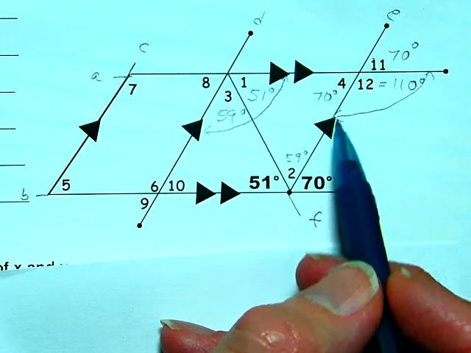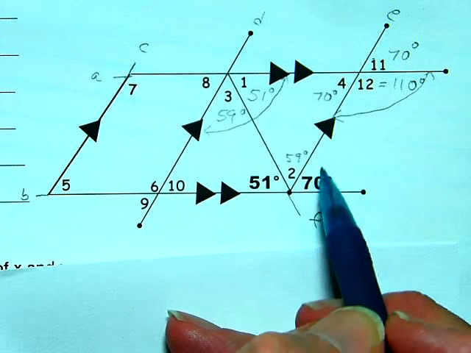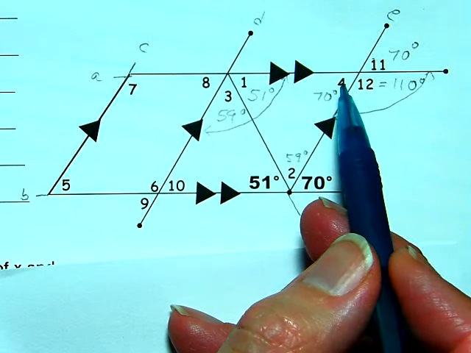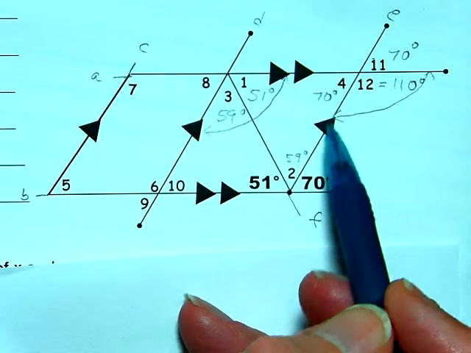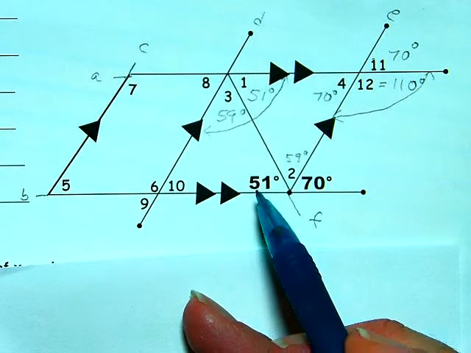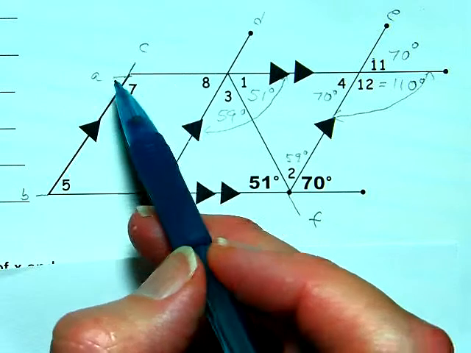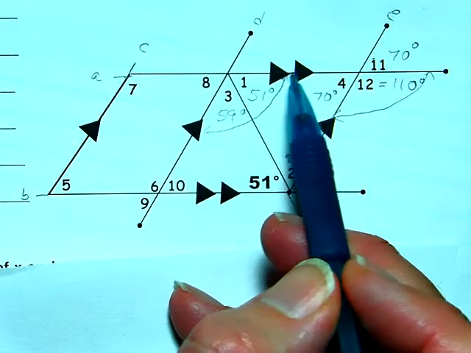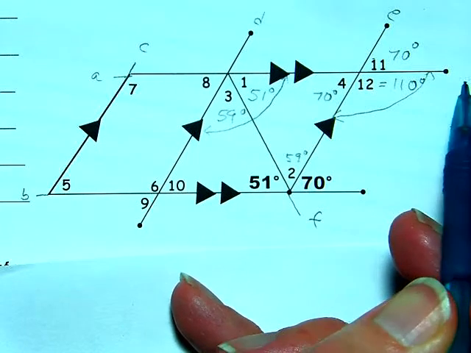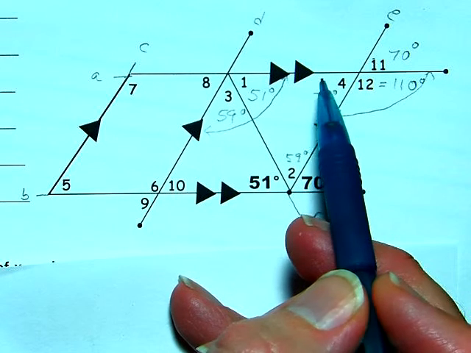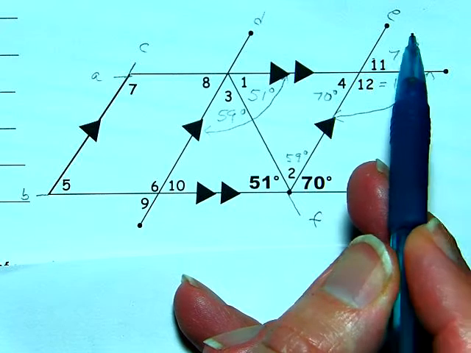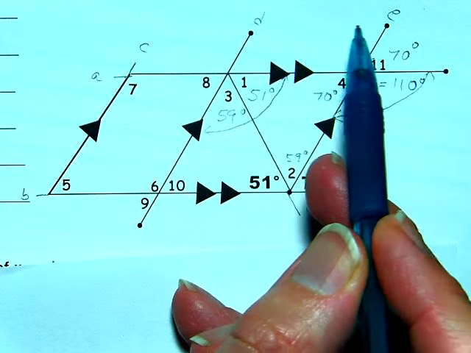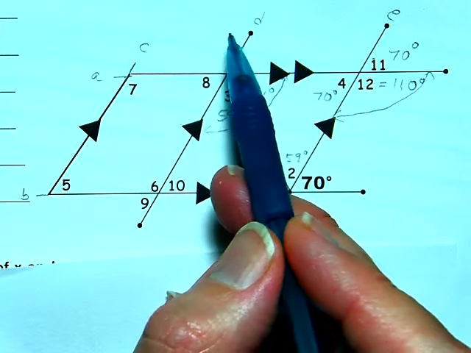We already know that it's alternate interior with angle 70, and that's assuming that we use the transversal E. But what if we say that A is the transversal? If we use a transversal of A, are there any relationships with angle 4? If A is the transversal, then we must be using parallel line E and either C or D. So let's take a look.